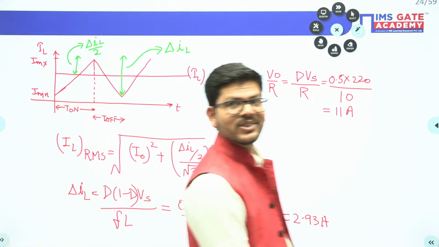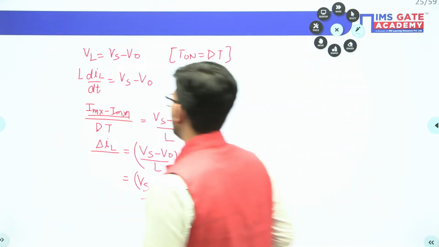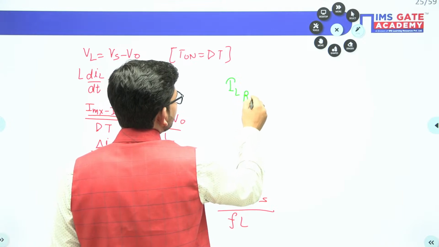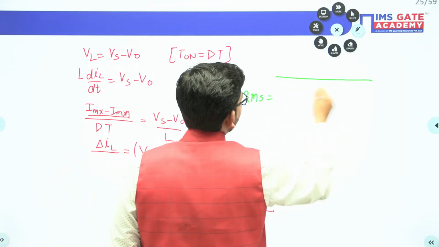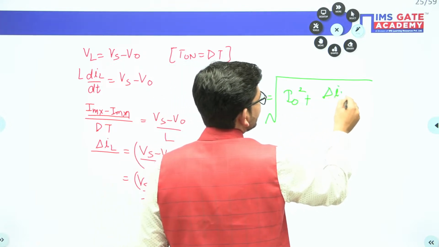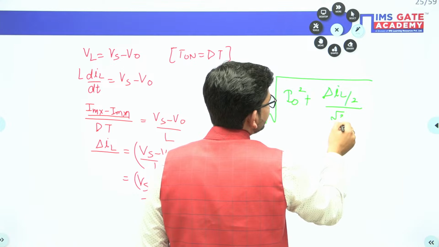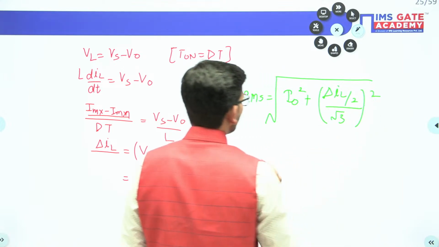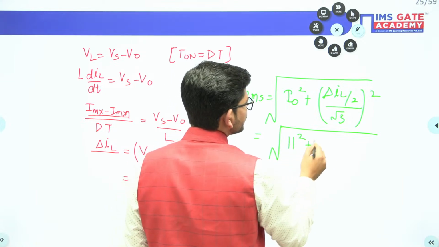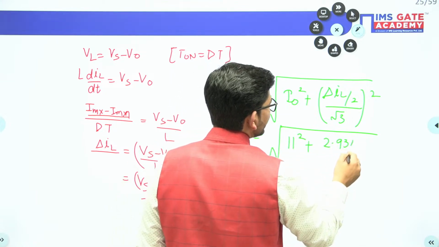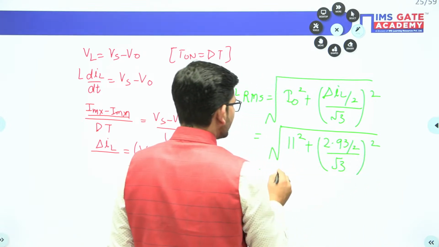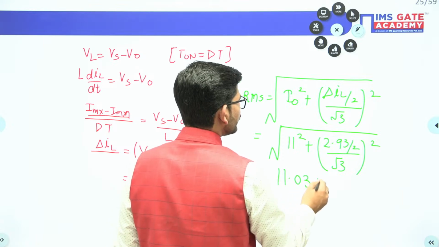Okay, Naru has already calculated the answer. Very good. Now again tell me, what will be the answer? IL RMS. What will be that? We have used the formula square root of I naught square plus (del IL by 2) whole square divided by 3. So I naught is 11 plus del IL is 2.93 divided by 2, divided by root 3 square, and after that you will get an answer 11.03 ampere.